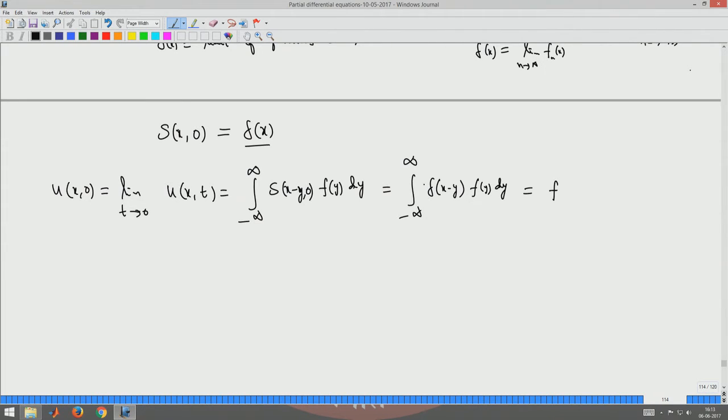This is the limit of symmetric functions, so it does not matter if it is x minus y or y minus x. If you view y equal to x, this is infinity, and that will give you exactly f of x. This is exactly my initial condition. So your solution is actually satisfying the initial data. So S is actually a kind of delta function.